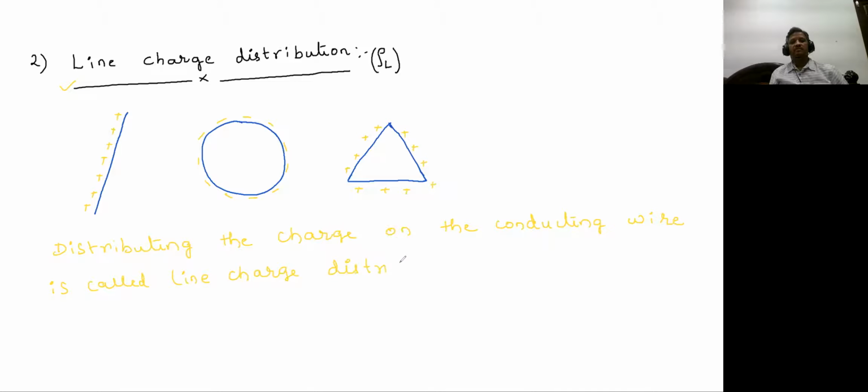This is a very simple definition, but what we should concentrate on here is the parameter rho L. Now to define this rho L, as we have assumed that the charge is uniformly distributed, uniform distribution and non-uniform distribution I'm going to discuss now. Here, the charge, if you observe, looks equally spaced, right? But what happens generally, even if they are uniformly distributed initially?